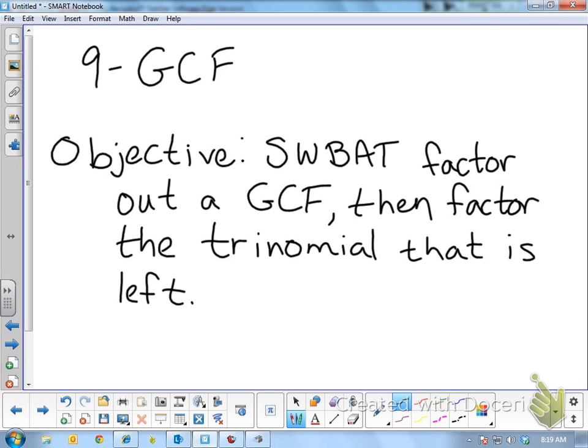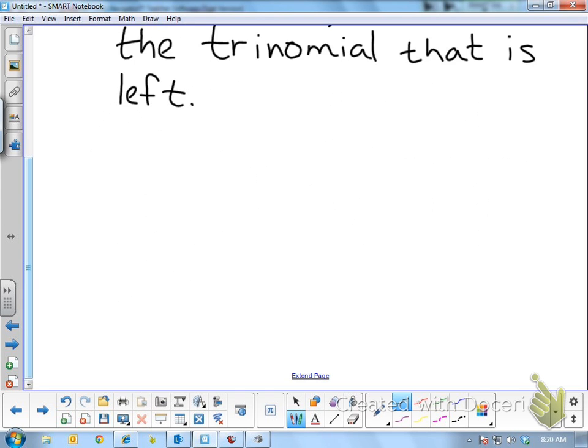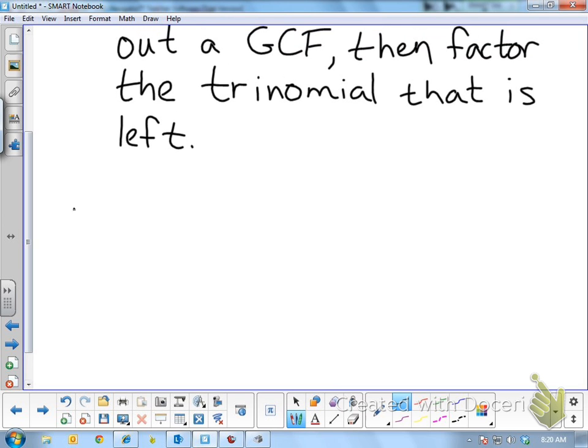So when we are factoring a greatest common factor out, we learned factoring a trinomial is backwards of multiplying two binomials. Finding a greatest common factor is backwards of distribution. So let's look at a distribution problem. If we need to do this backwards, we need to know how to do it normally.